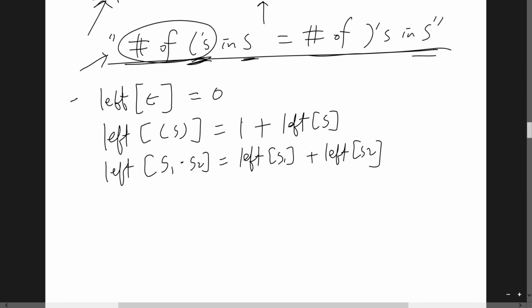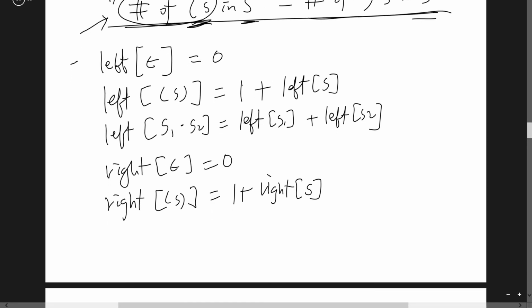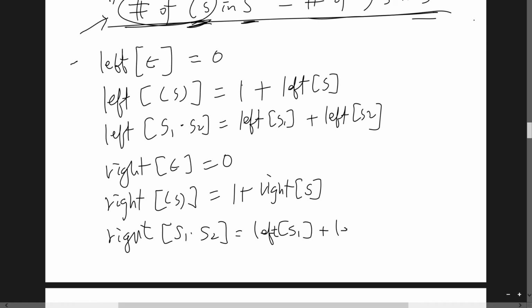Symmetrically, we can define this function right. Epsilon is 0, and for this one it is also 1 plus right(S), and right(S1 S2) is the sum of the two function calls, right(S1) plus right(S2).